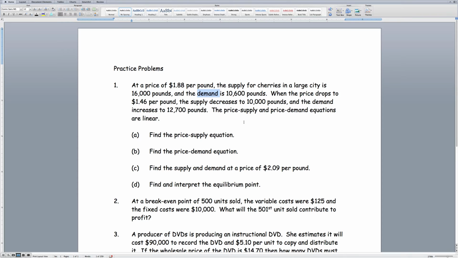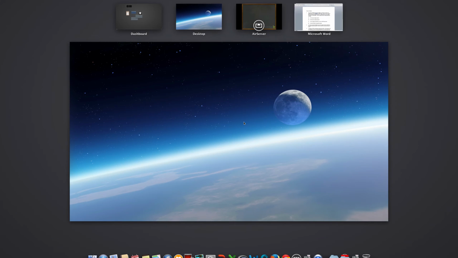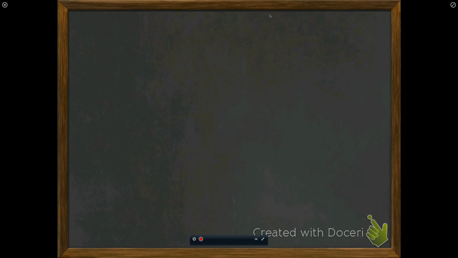If a producer is asked to produce more widgets or whatever it may be, they're more likely to do so if they're given more money. So the supply, the amount produced, is going to go up.